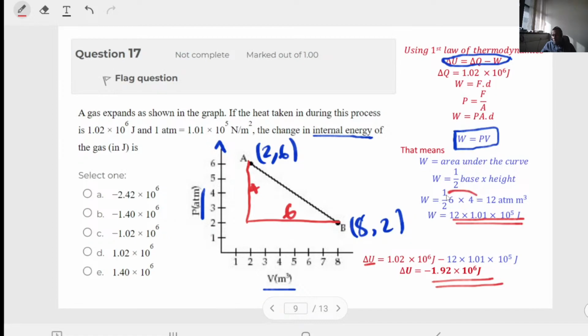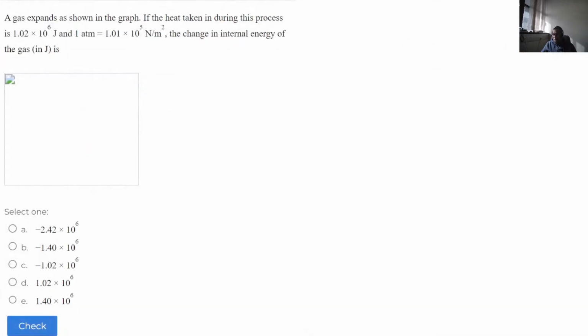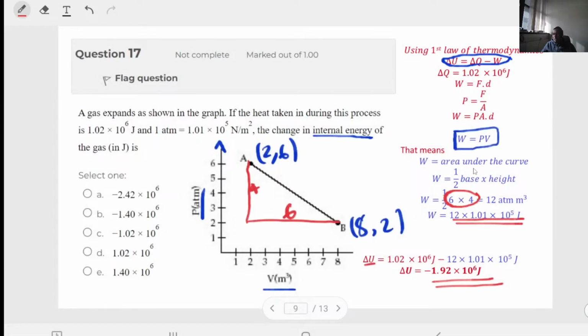Maybe if you're thinking, where did you get 6 and 4? It is 8 minus 2, which is 6 along the x-axis, and 6 minus 2, which is 4 along the y-axis. If your diagram, or whatever Professor Tim has provided, has a value different than what I have, of course the work done is different. Please just be convinced that the calculation is correct.